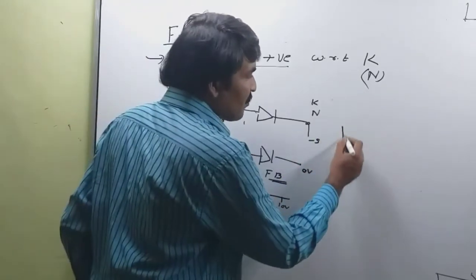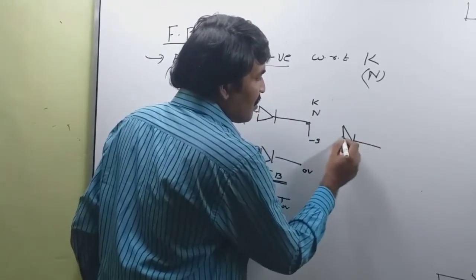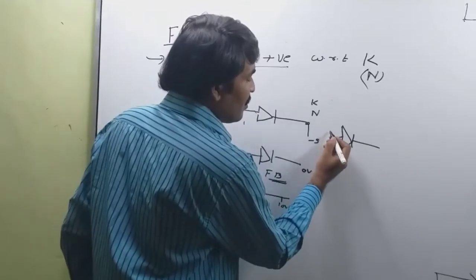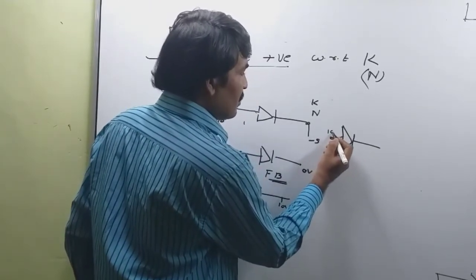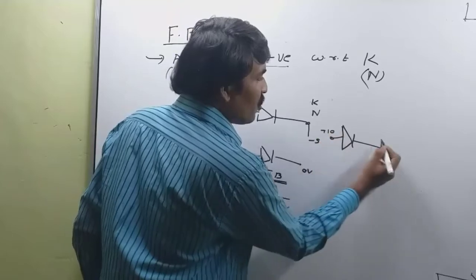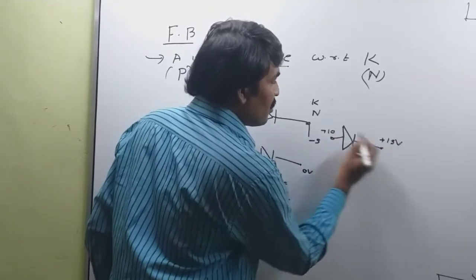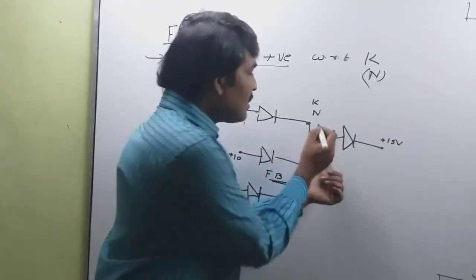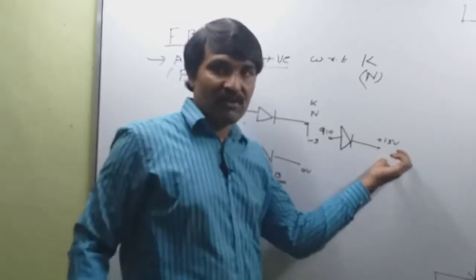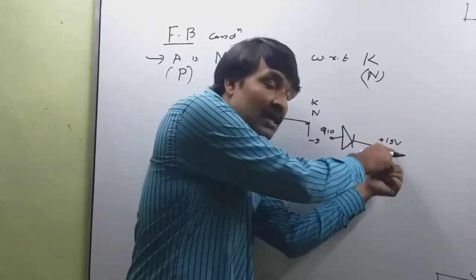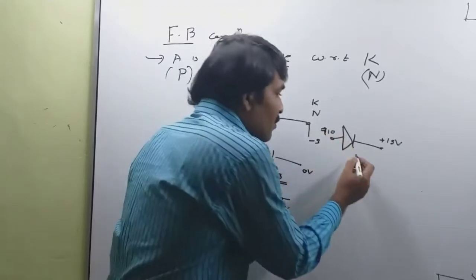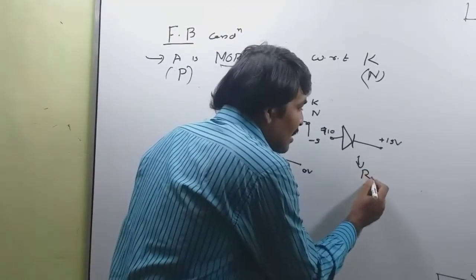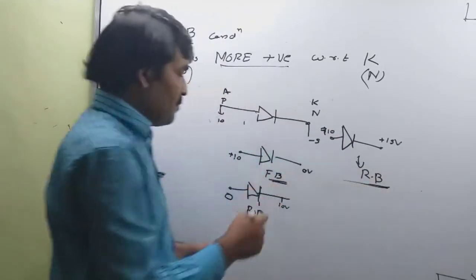Now consider another figure. I am giving 10 volt to the anode and applying plus 15 volt to the cathode. So the anode voltage is 10 volt and the cathode is 15 volt. So this means the cathode is more positive with respect to the anode. So this implies reverse biased condition.